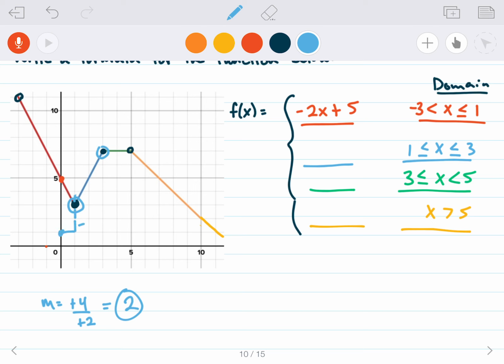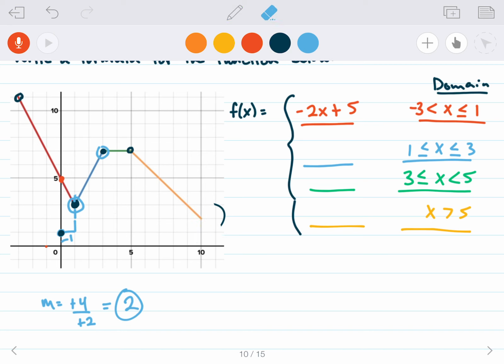Right? I went down 2 to the left 1. And this is valid, right? I did the slope. I rose 2, ran 1, but I did it down and left, and so when I do down and left, a negative divided by a negative is a positive, so that's why that works right there.